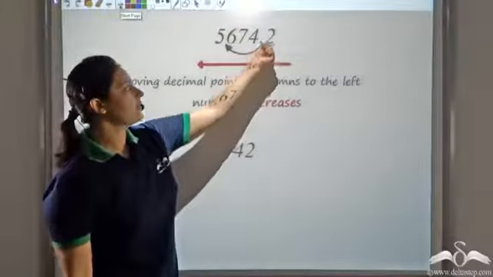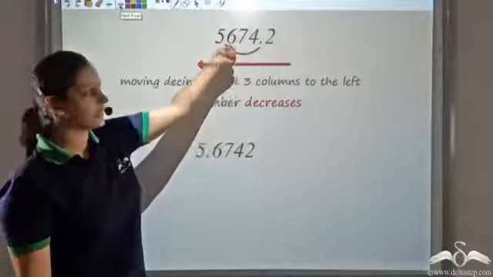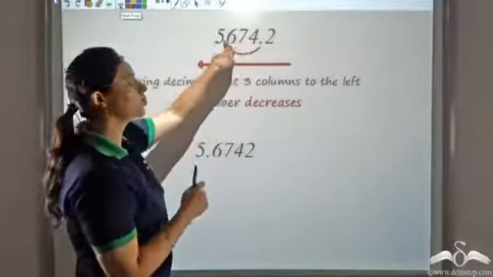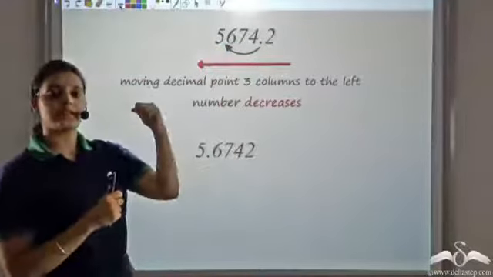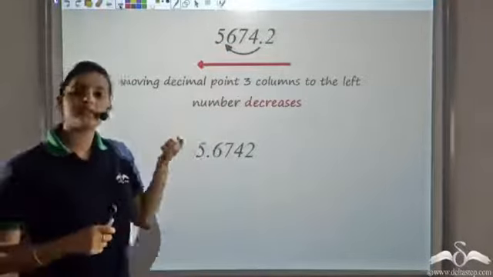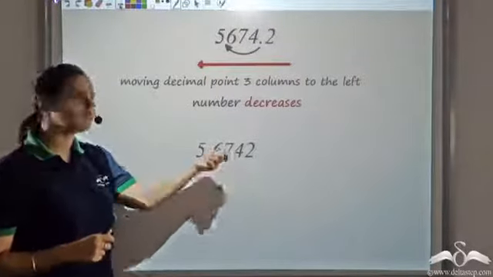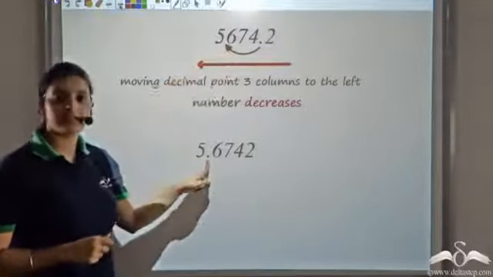What we see is that I am moving the decimal to the left. 1, 2, 3. I am moving the decimal 3 places to the left, that is, I am decreasing the value of this number. This is the number which I get after shifting the decimal.